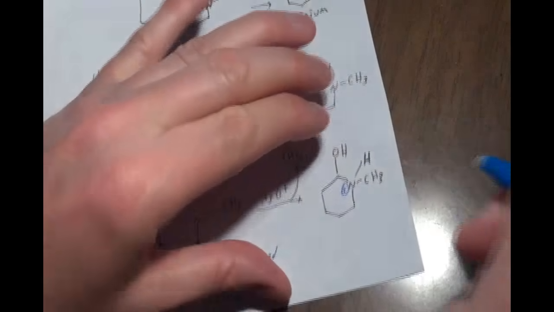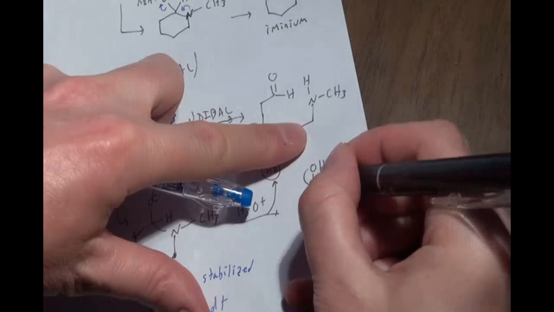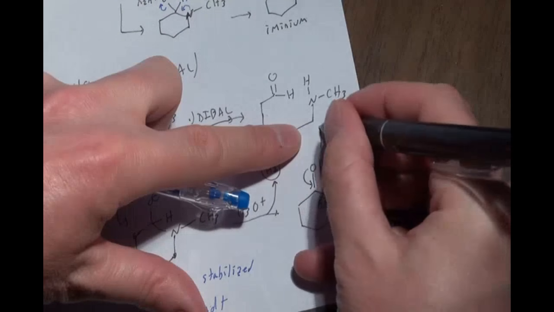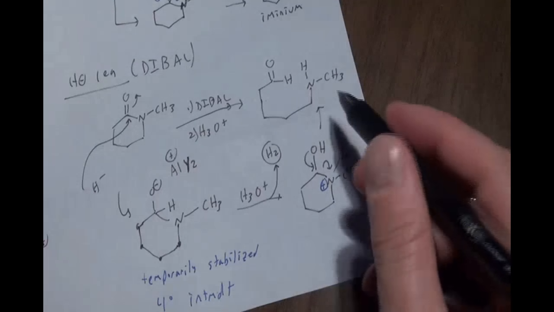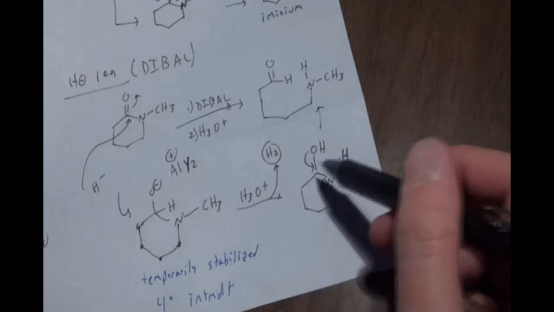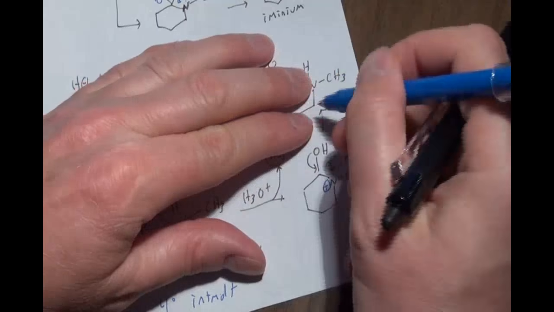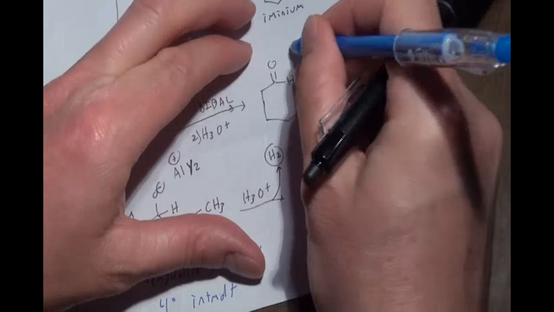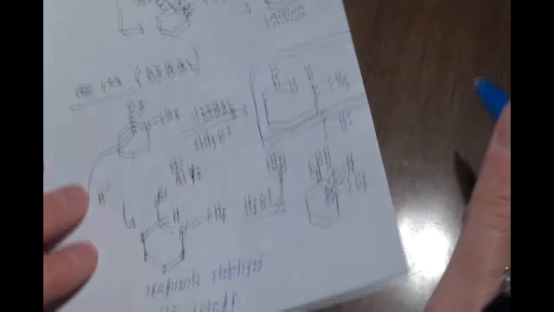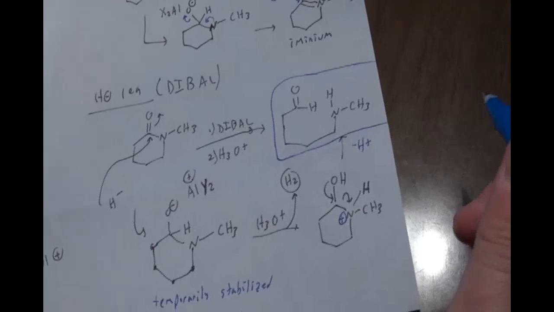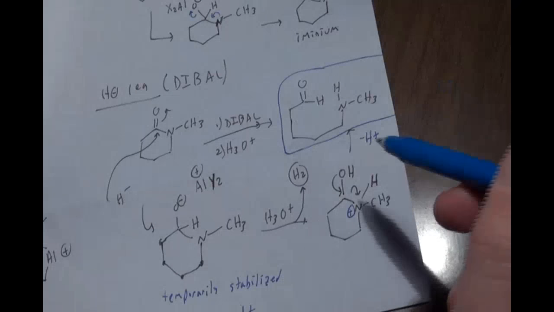Yeah, plus charge. Okay. So now you can see how easily this falls apart. It kicks off the nitrogen, and then you lose a proton off oxygen. So we have to do minus H plus here. And now you see the final product. Okay, so that's pretty cool, and that's how DIBAL works.